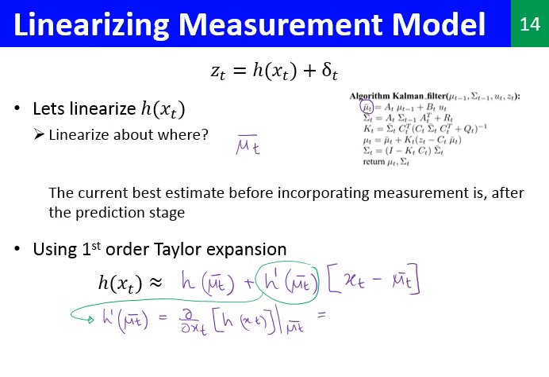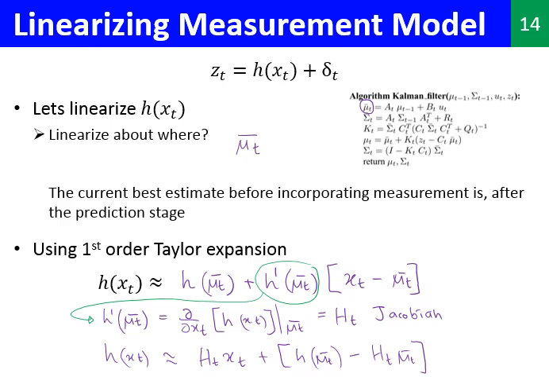So this is again the Jacobian Ht. Ultimately, we can write h of xt is approximately equal to Ht xt plus the remaining terms. Understood?